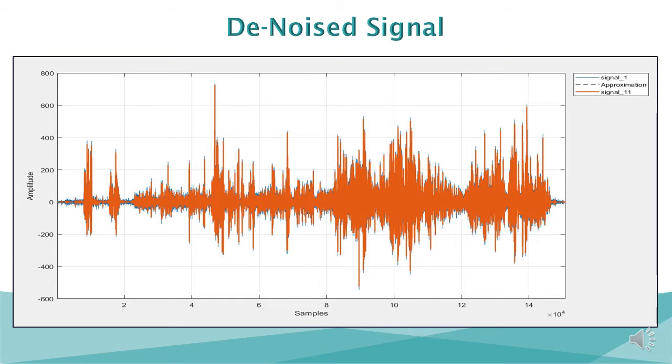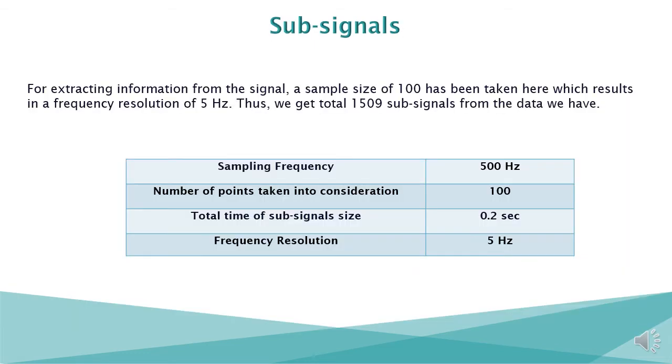While denoising, it has been taken into consideration that not too much information is lost. Since we won't be able to analyze each and every data point, we need to take a sample size. In our task, a sample size of 100 data points has been taken here, which results in a time period of such signals as 0.2 second and the frequency resolution of 5 Hz.